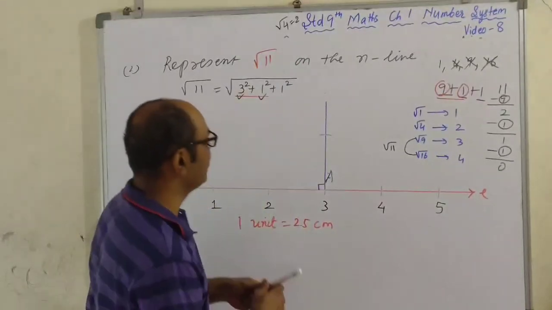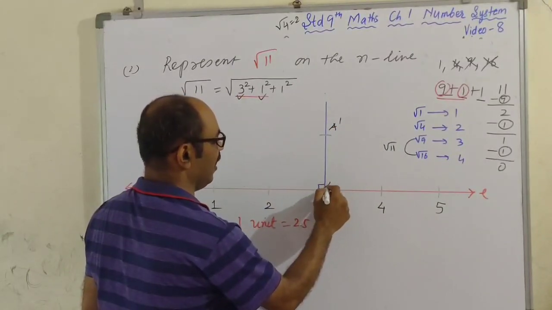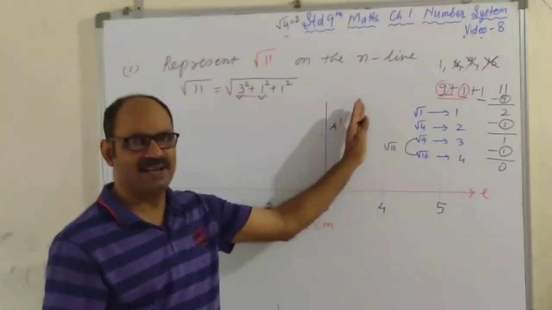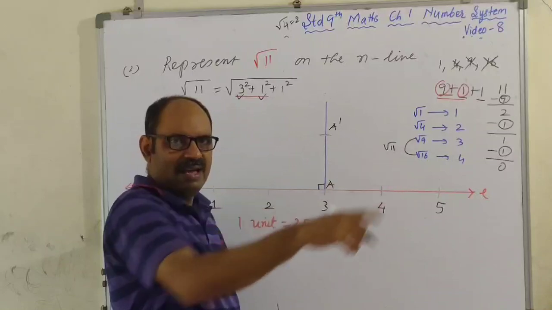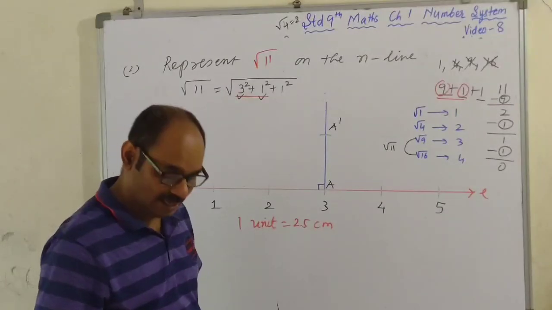Correct? That point is A dash. यदि this is A, then that is A dash. उसके बाद एक ही perpendicular ड्रॉ करना पड़ेगा. So this time I'm not going to take parallel, or should we? No, इसको 1 यूनिट ले लेंगे, चलेगा.